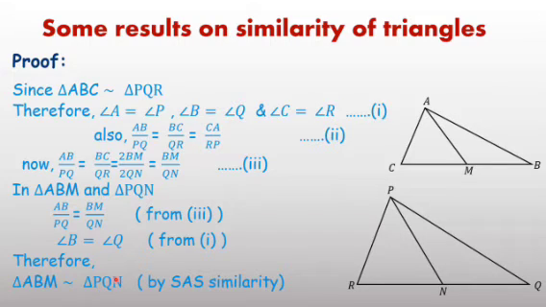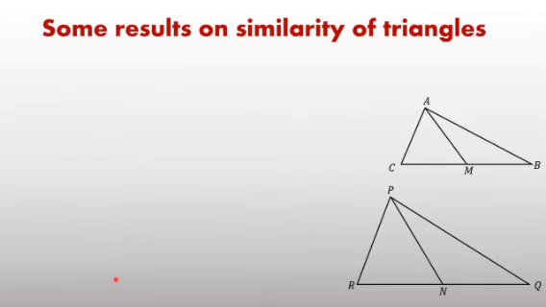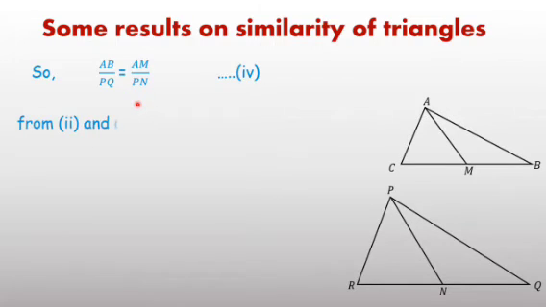And if both triangles are similar, then you can say corresponding sides are in the same ratio. Now note down, corresponding sides means AB upon PQ equal to AM upon PM. Now final result from second and fourth. In second equation we have written AB upon PQ equal to BC upon QR equal to CA upon RP.